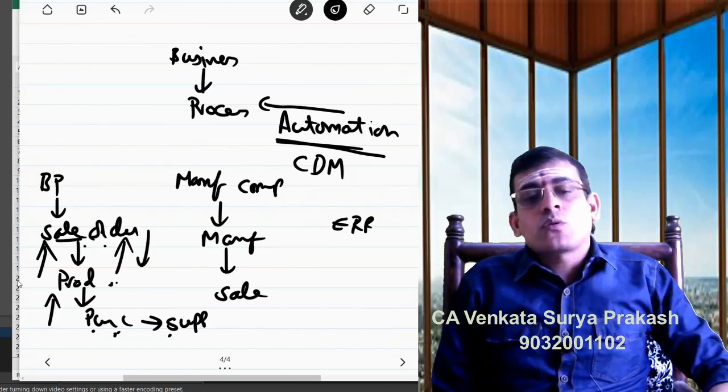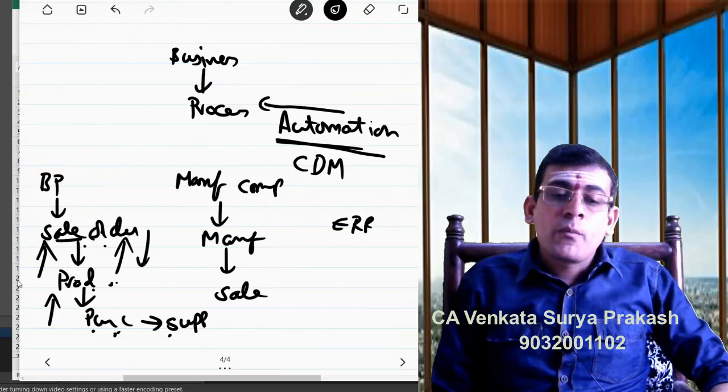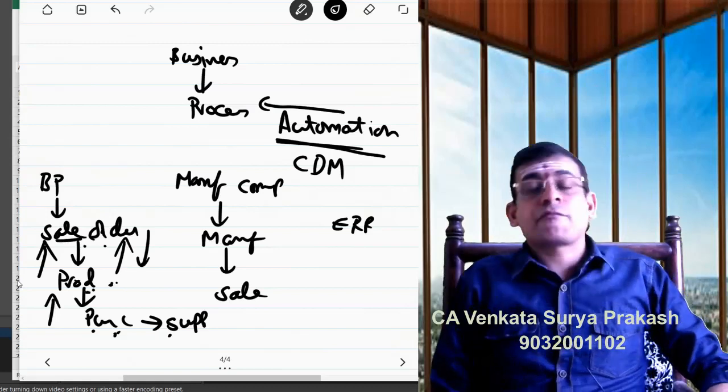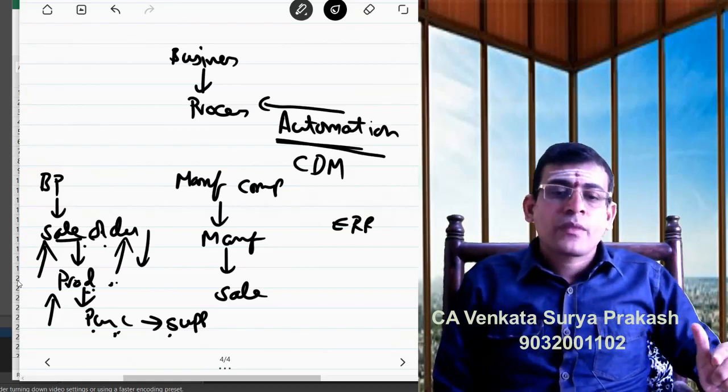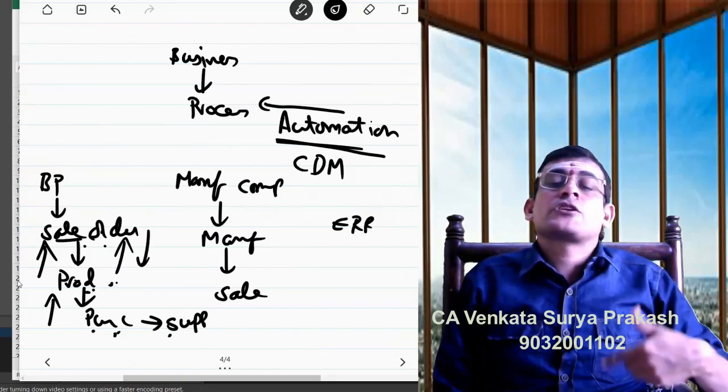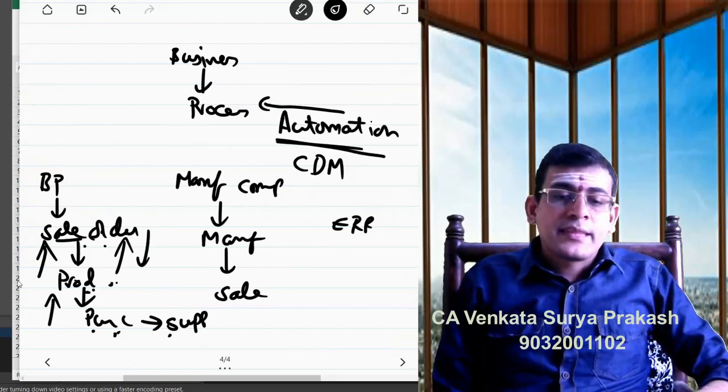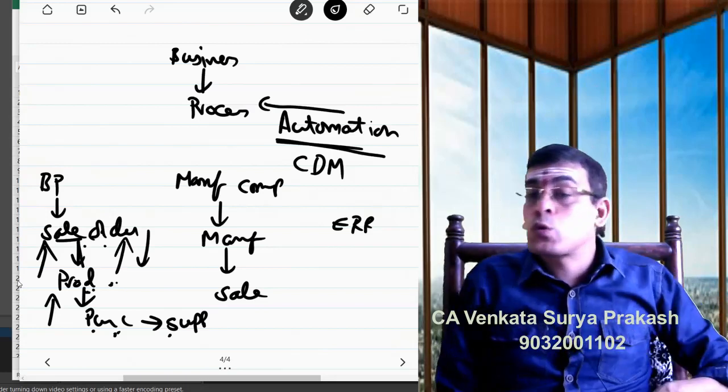They themselves can know how many units of raw material are available. They themselves can know the time within which the production department can finish the goods. So they will raise a request automatically through the ERP.